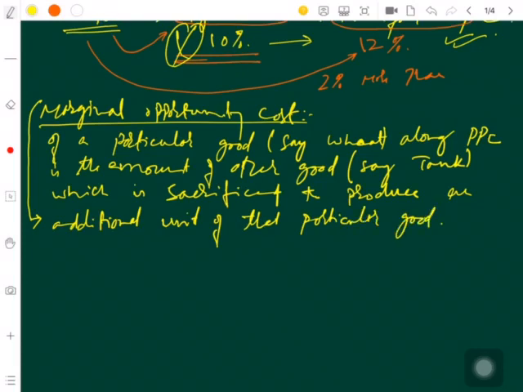So that is how we can combine it with the marginal word.